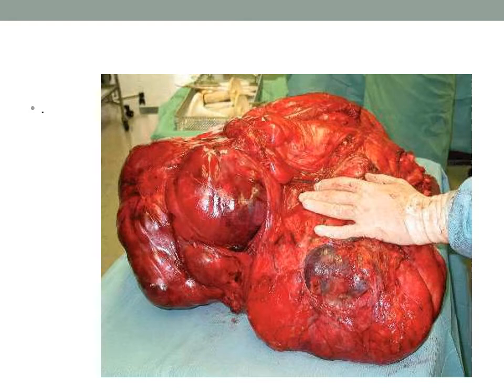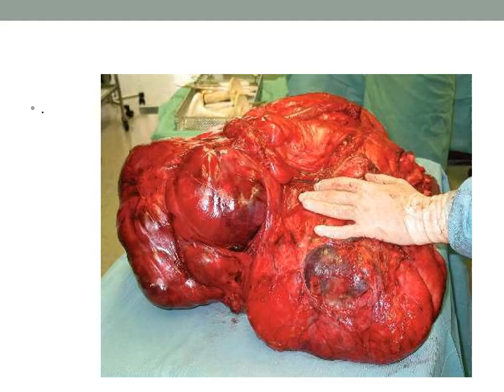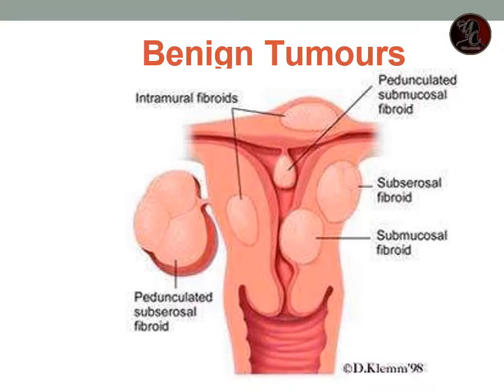Of course, this is a picture to show you of a benign growth. That is a picture of a neoplasia which was removed from a patient. Okay, let us have a look at this. It is a uterine fibroid. You can see these are all neoplasias which are benign in the uterus.